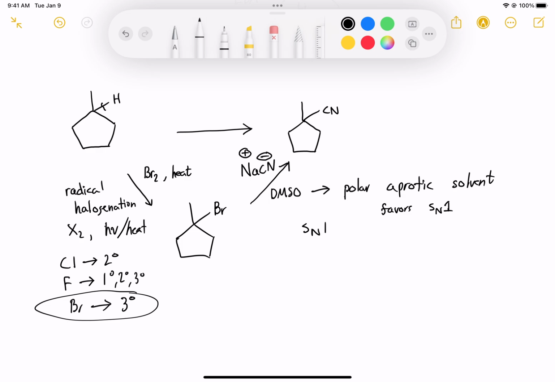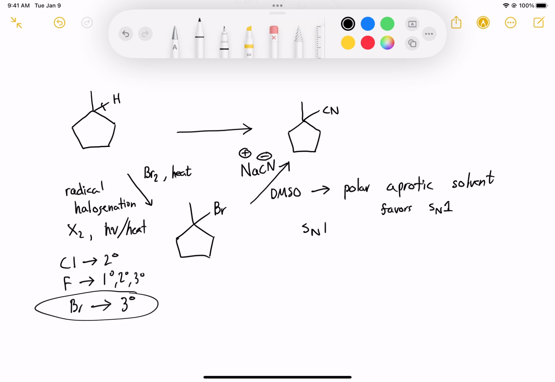We might get some E1 product, but here we want mostly substitution. So when you have anything charged, like a good nucleophile, you want to use an aprotic solvent and make sure you don't get elimination as your byproduct. Okay? So that's pretty much all we can ask you.